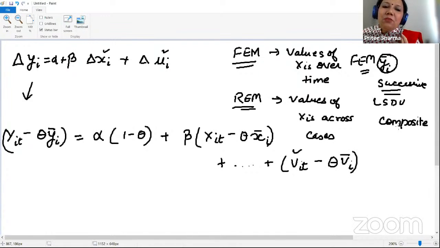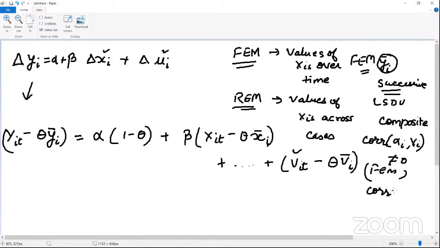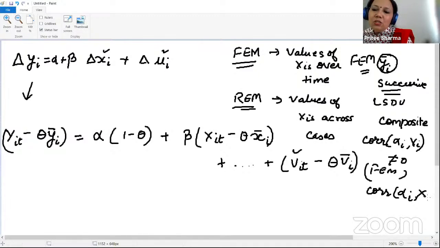In the case of fixed effect model, I think I wrote in the previous board that the correlation between alpha and xi's is not equal to 0. That means there is correlation. This is for fixed effect. When our model can assume that alpha i is not related to xi's, we can use REM.